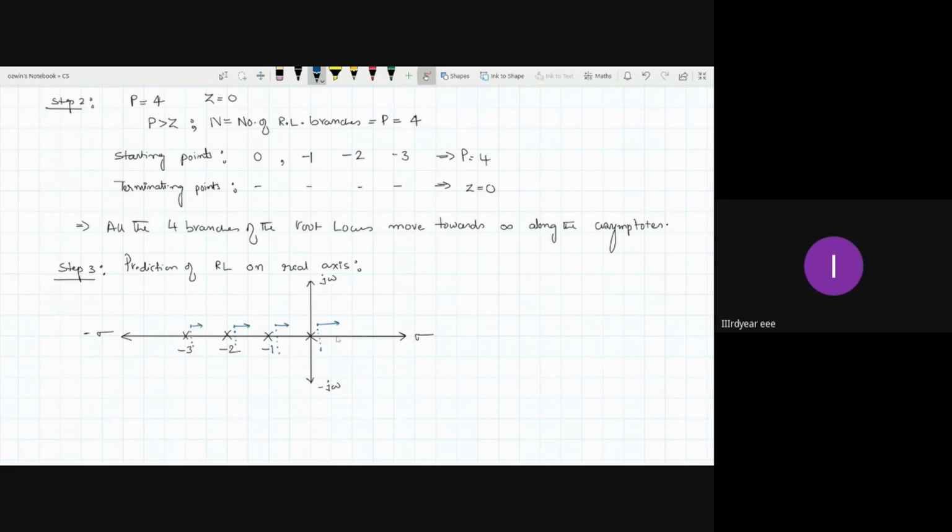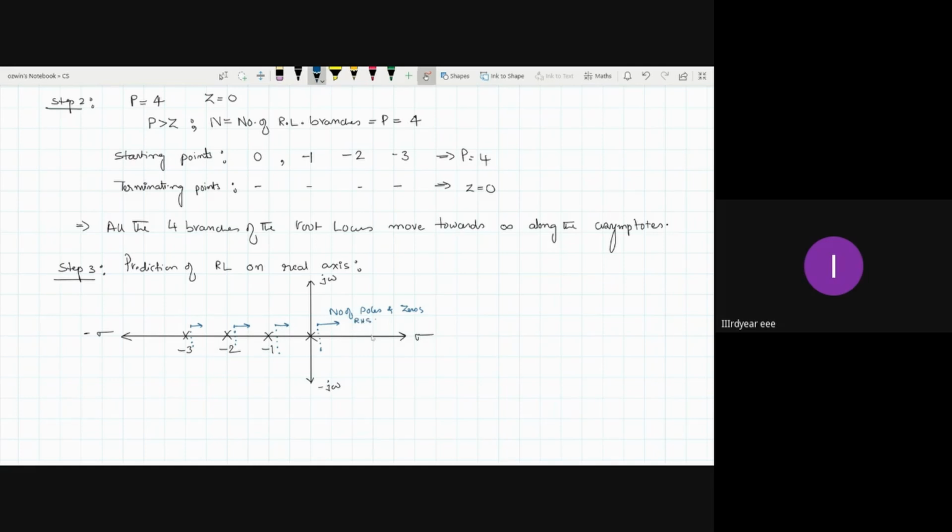Keep an imaginary dotted line just to the right of each pole and zero, and then count the number of poles and zeros falling on the right hand side.